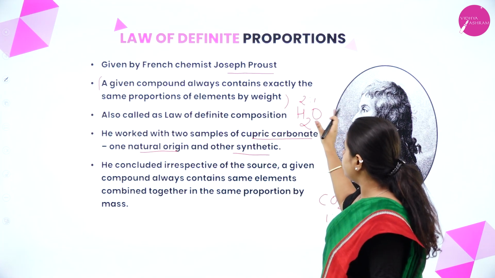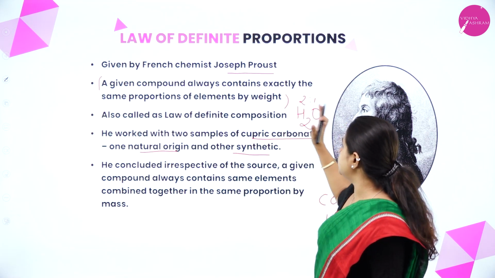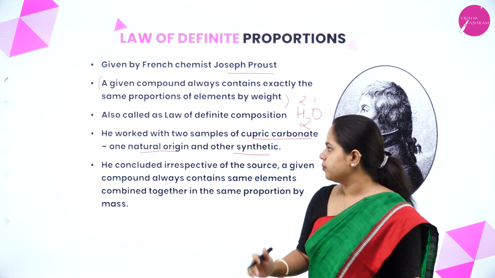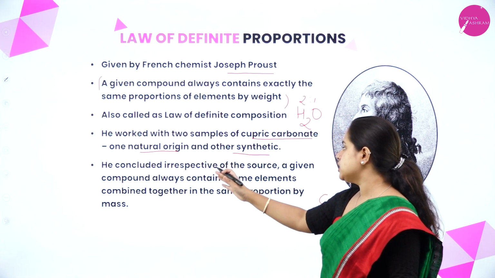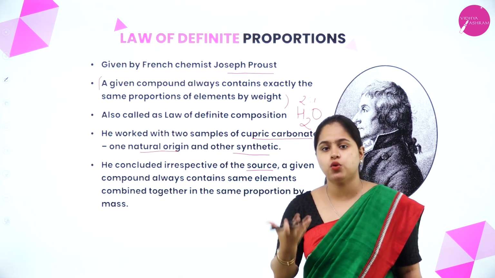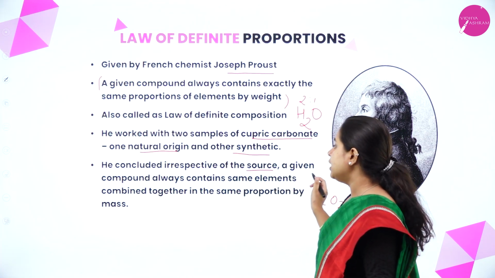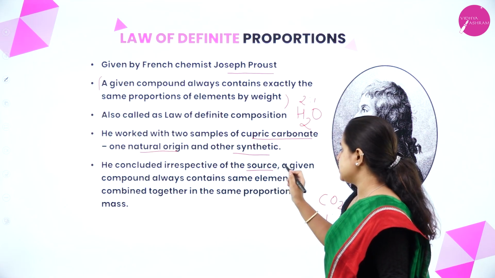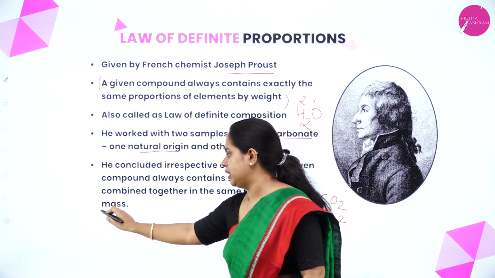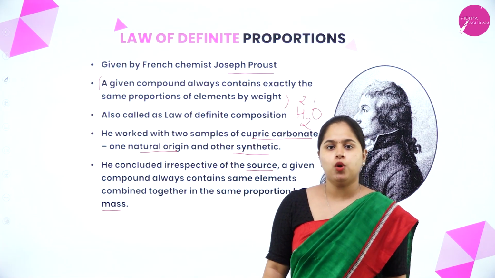Always the proportion between your hydrogen and oxygen will be 2:1 in the case of water. So he concluded that irrespective of the source from wherever you are obtaining your water, a given compound always contains the same elements combined together in the same proportion by mass. I hope it is clear.